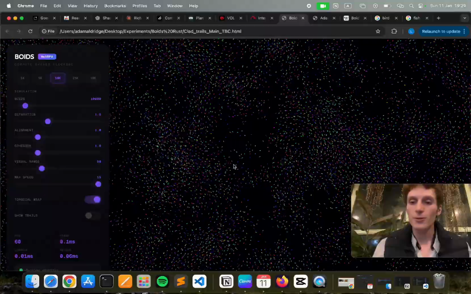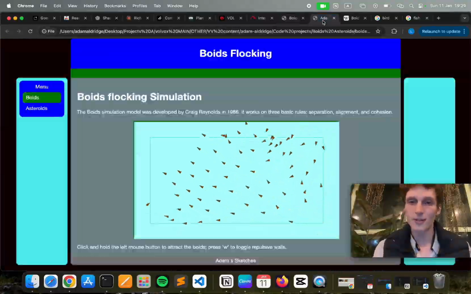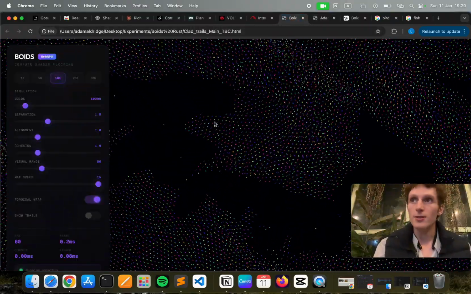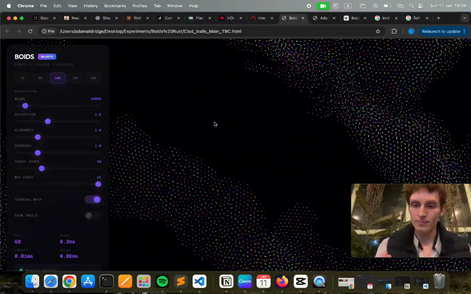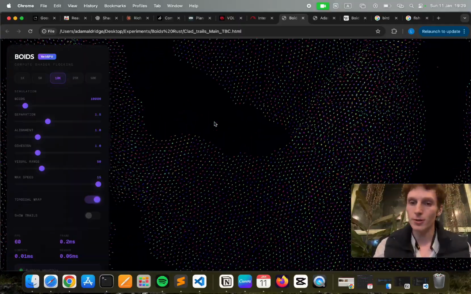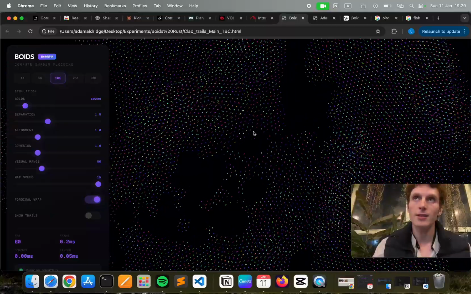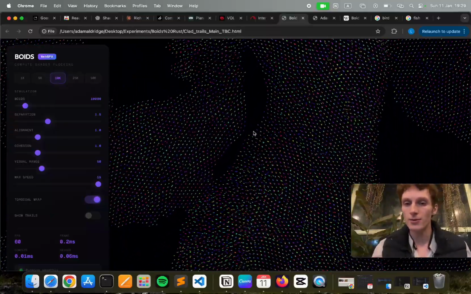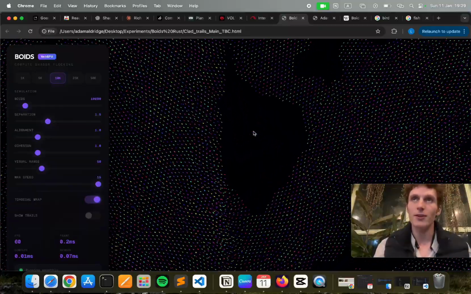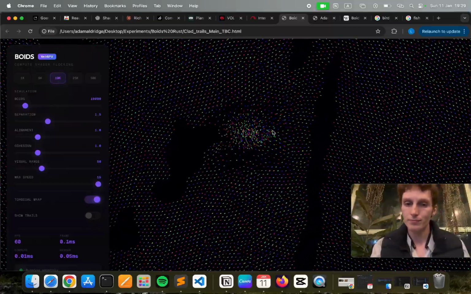So the question is, how is this running so much faster with so many more Boids than the version that I naively coded in p5.js? Well, this version uses something called WebGPU, which is a graphics library specifically for making things with JavaScript on the web. Although WebGPU itself isn't just a JavaScript library; it has its own language itself. So you have to define a shader function in its own syntax.